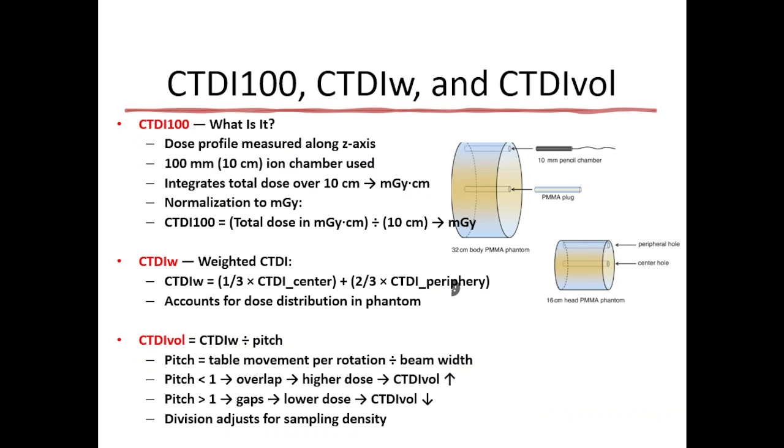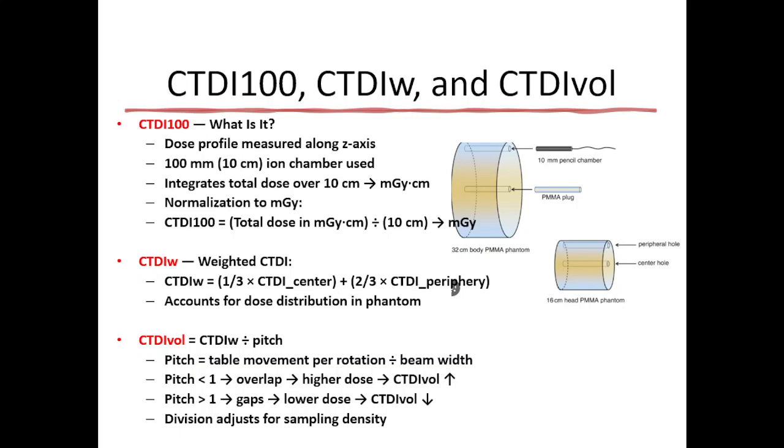Let's break this down. CTDI 100 is the basic measurement. It captures the dose profile along the z-axis using a 10 cm pencil chamber. The chamber integrates the total dose over 10 cm length, and we normalize this to the length. This gives us CTDI 100, a value in milligray.